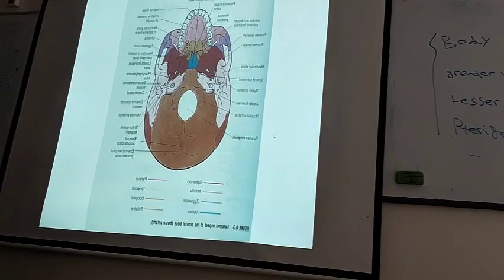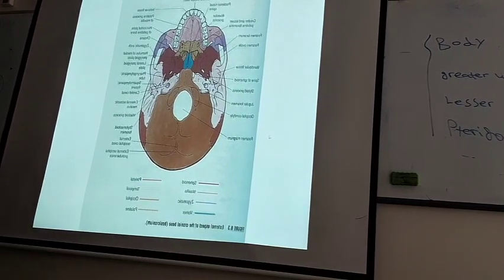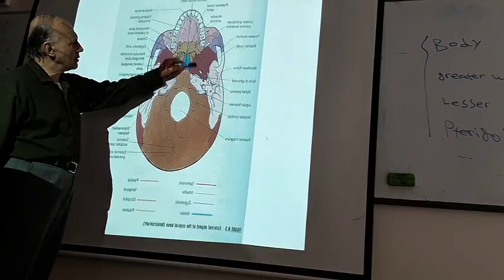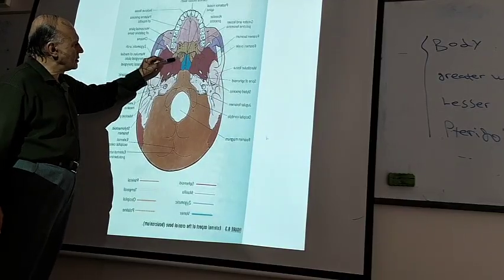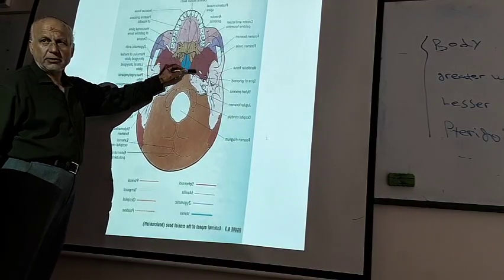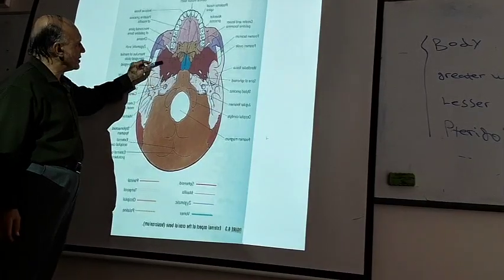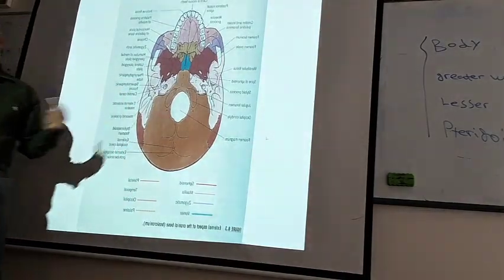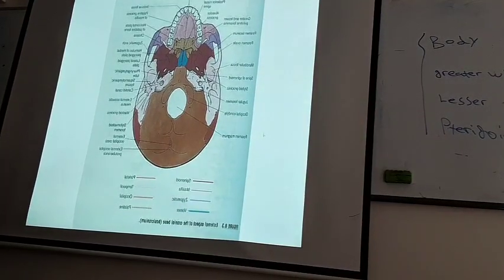From the inferior view, this red is the sphenoid. This is the pterygoid process. They are 2. This is the greater wing. Where is the lesser wing? We cannot see it from this view.